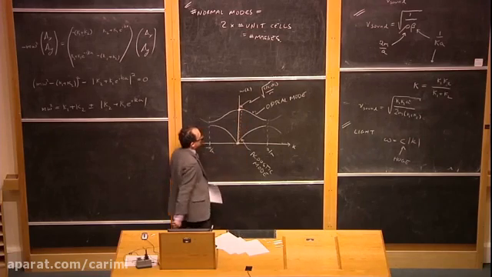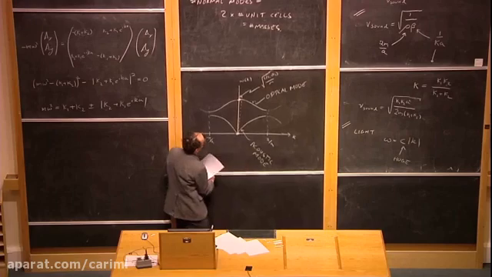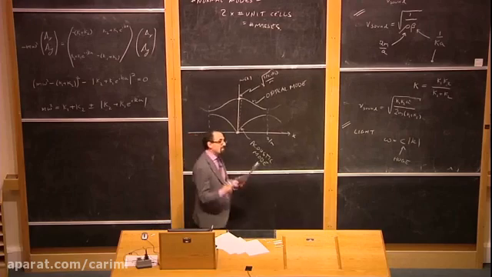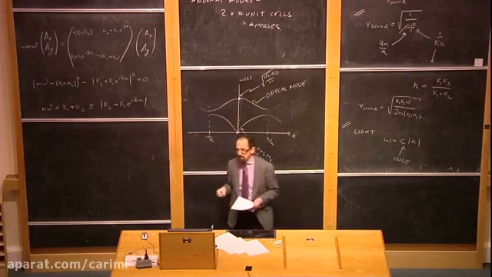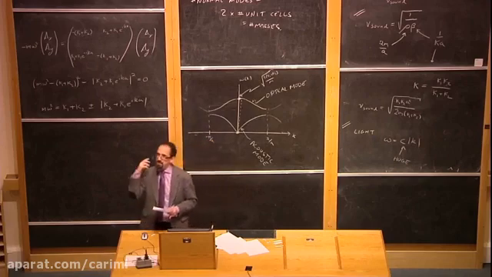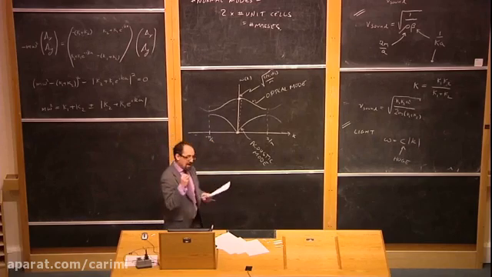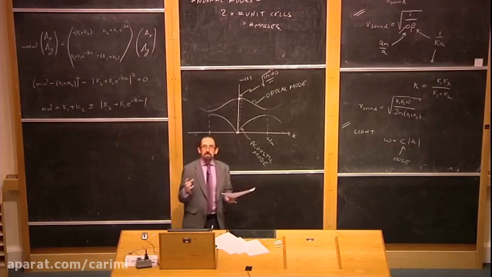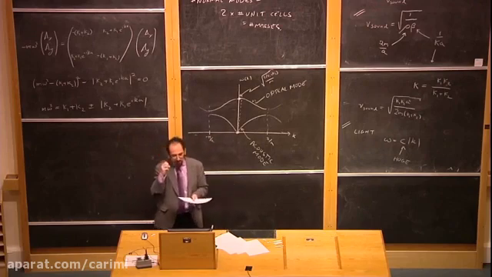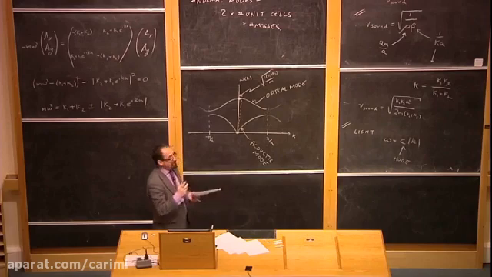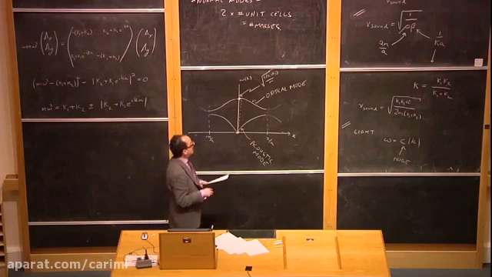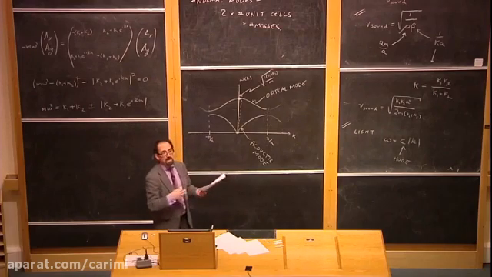Probably so steep I couldn't even draw it. Now, if you imagine shining light on a material and creating vibrations, in quantum mechanics we should think about absorbing a photon and creating a phonon. So imagine a process where you absorb a photon and create a phonon. In order for that to happen, you have to conserve both energy and momentum.